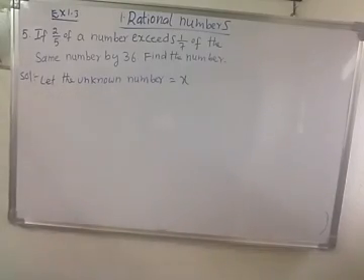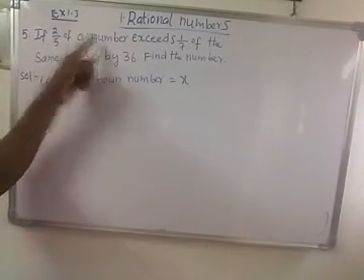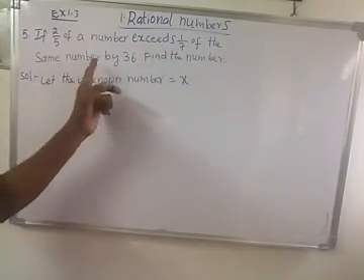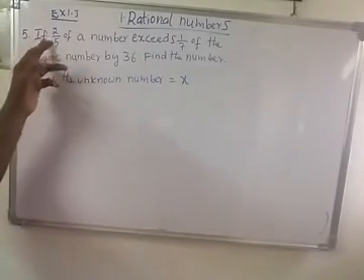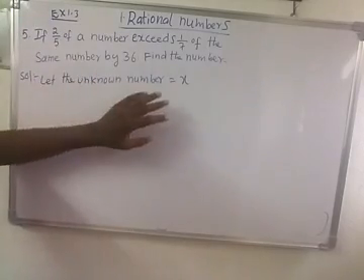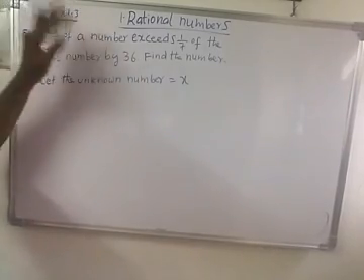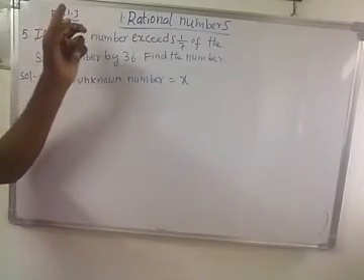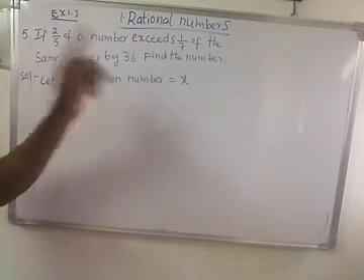The fifth problem: if 2 by 5 of a number exceeds 1 by 7 of the same number by 36, find the number. So suppose there is some number. 2 by 5 of the number exceeds 1 by 7 of the same number by 36.